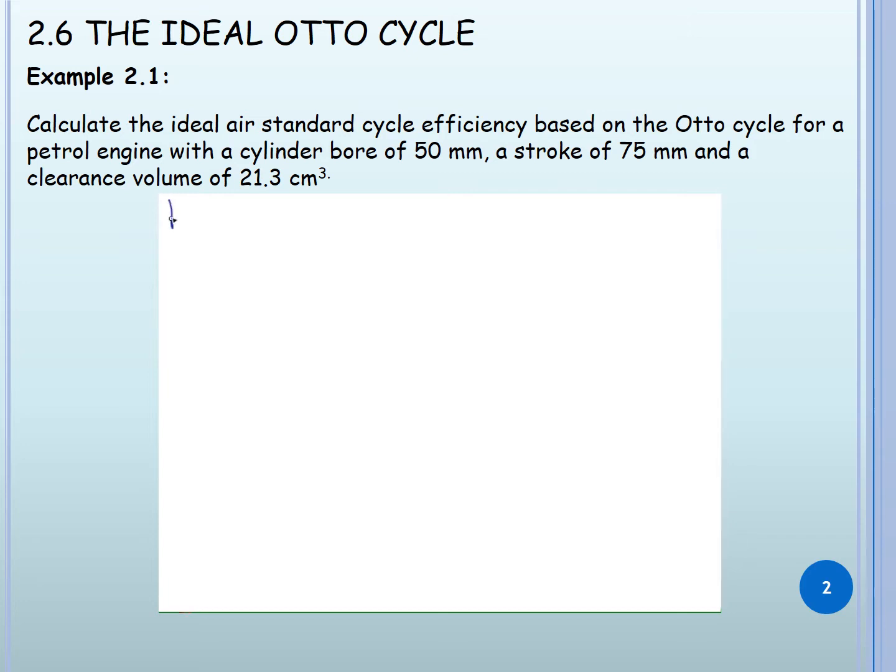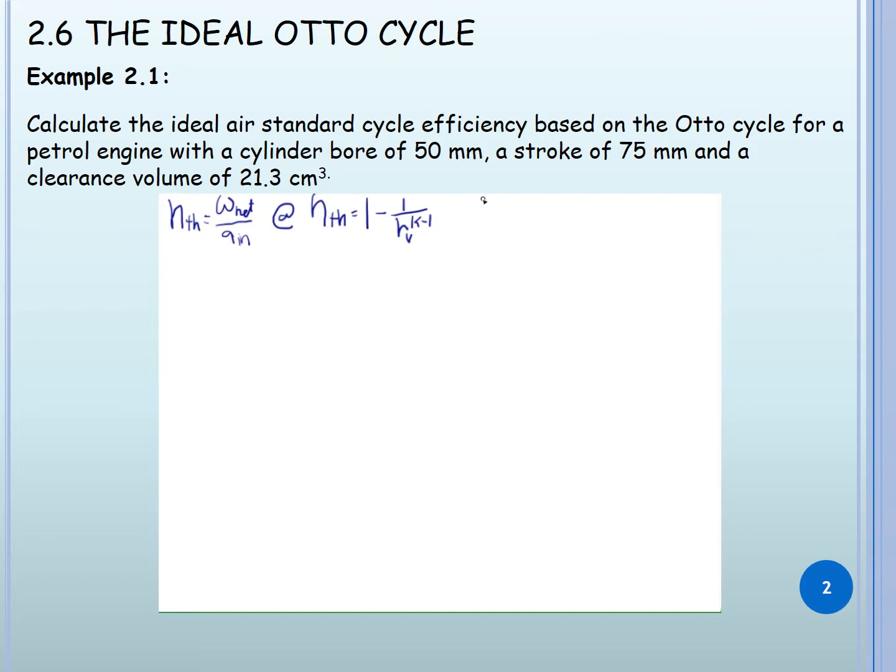One is the general one, work net over Q in, or we have another one that we have already derived in our previous slide, 1 over RV to the power of K minus 1, where RV is the compression ratio and K is the specific heat ratio, 1.4.